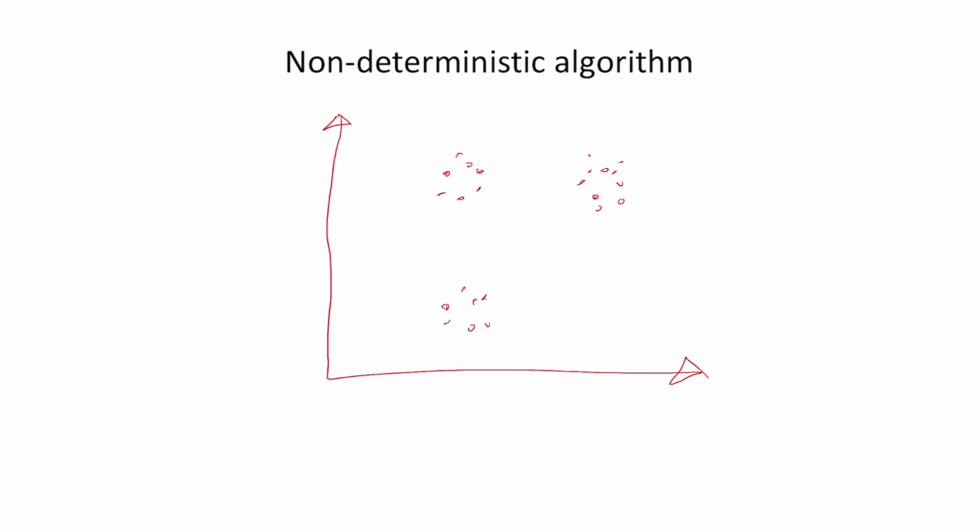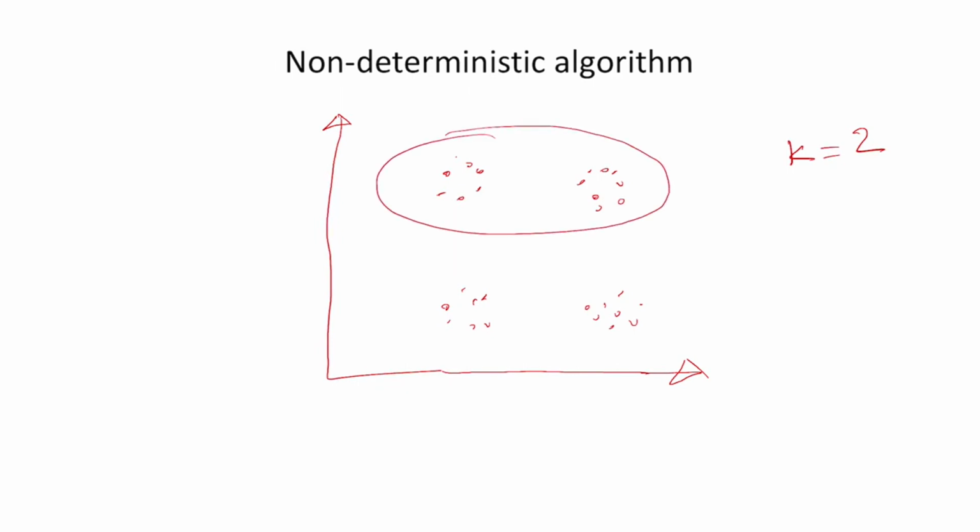Let me give you an example. Let's say that we have a two-dimensional space. That means we have a two-dimensional dataset where we have these points. So let me draw the points. Now, if we run the k-means clustering algorithm with k equals 2, in one execution we might find that these points are grouped this way.